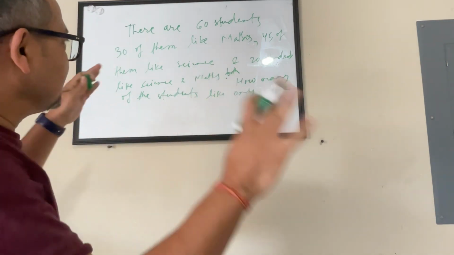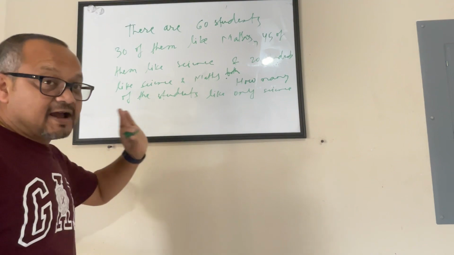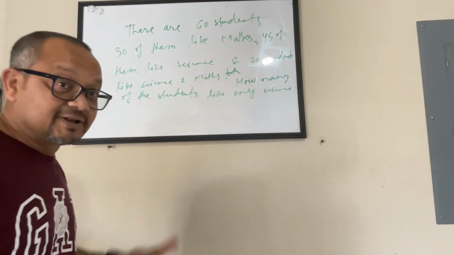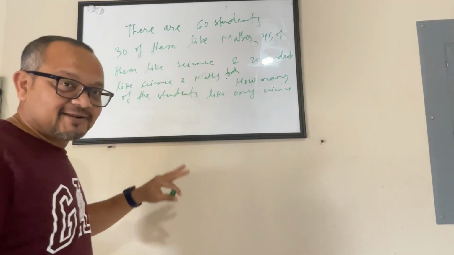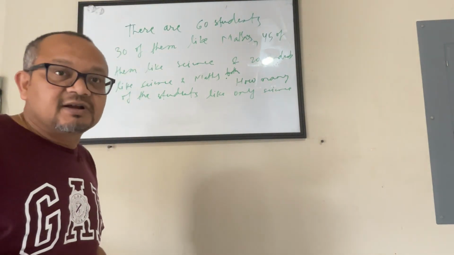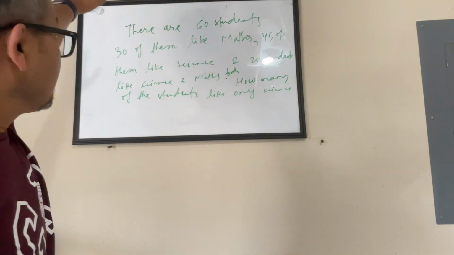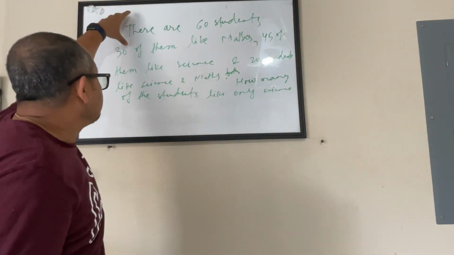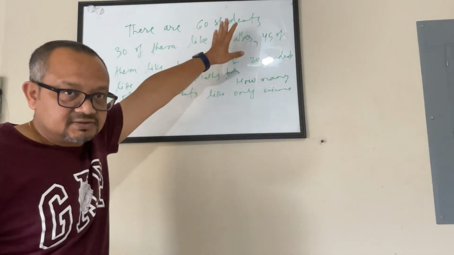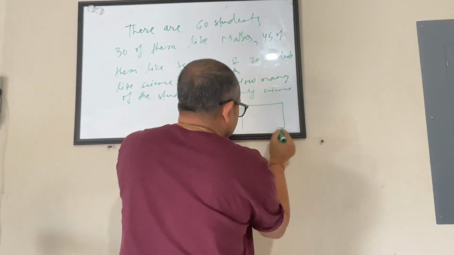Okay, let's do it afresh. This is how I will do it. I made this question on the fly. I don't know whether this question is right or not. But whenever I get a question, that question might be done incorrectly by somebody else also. I will read this question again and again. It says there are 60 students in a class. So let me say this is my class.